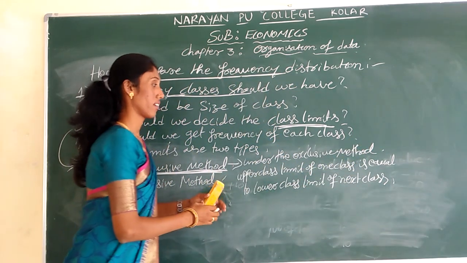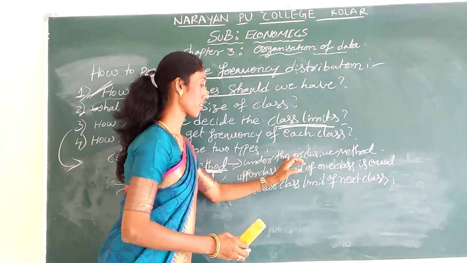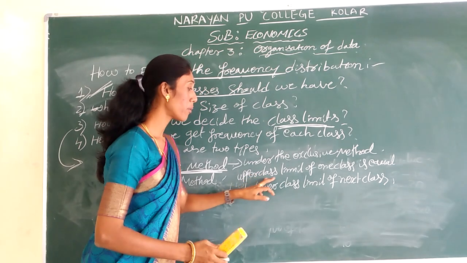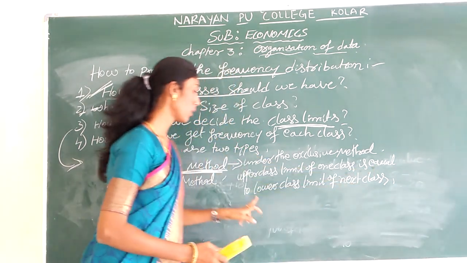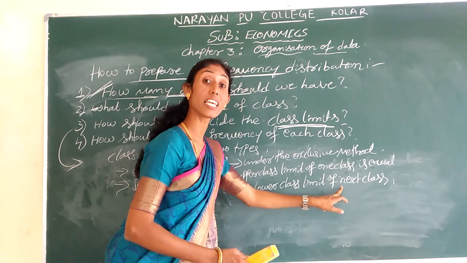Are you understood? Under the exclusive method, the upper class limit of one class is always equal to the lower class limit of the next class.